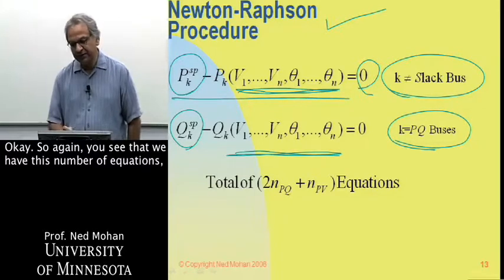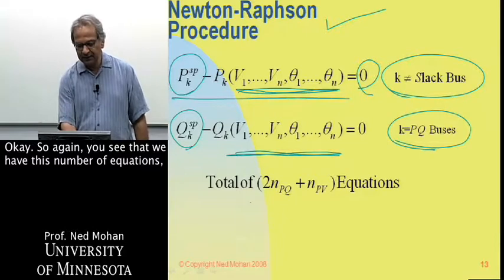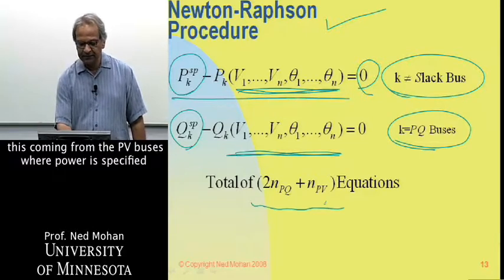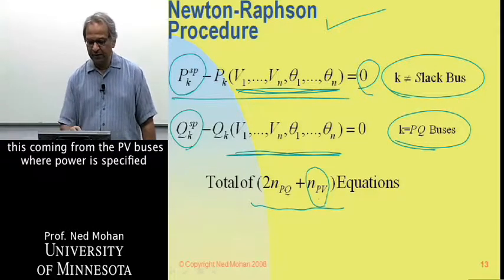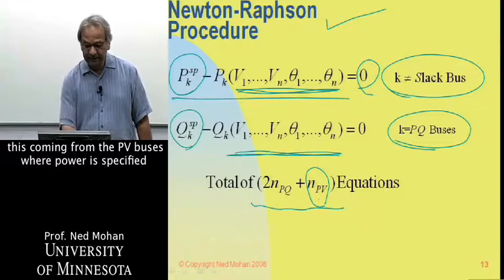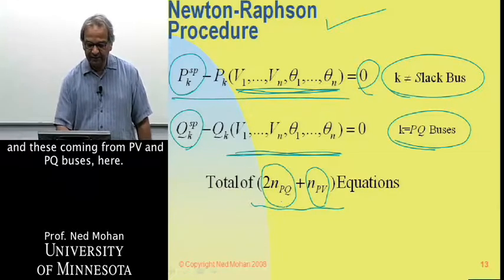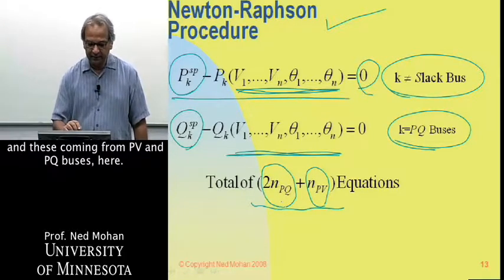So again, you see that we have this number of equations, this coming from the PV buses where power is specified, and these coming from PV and PQ buses here.